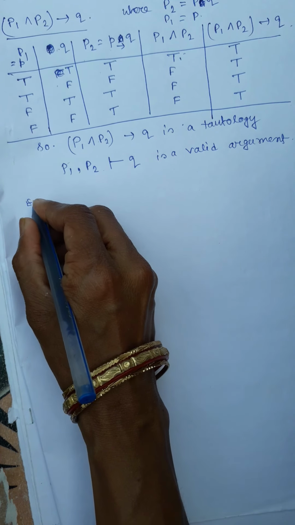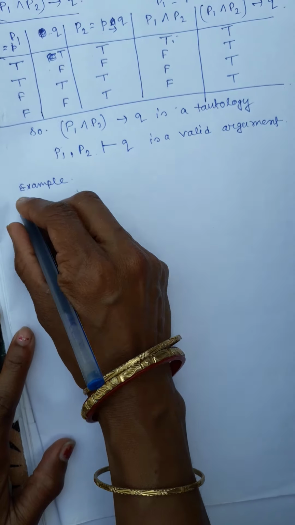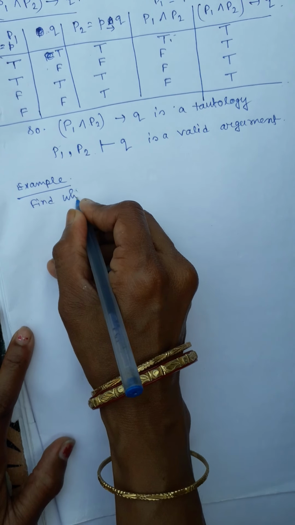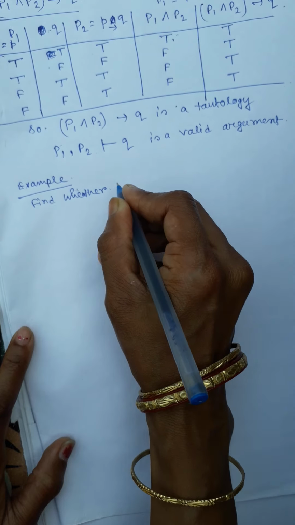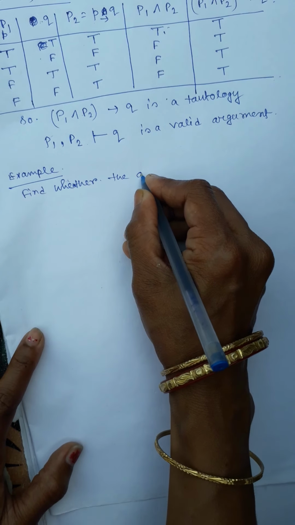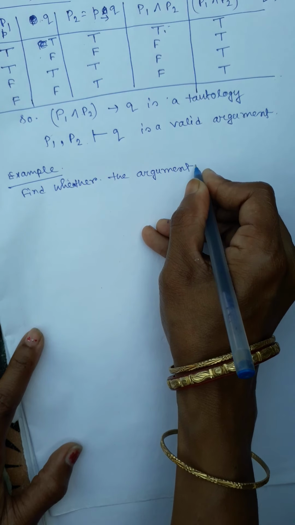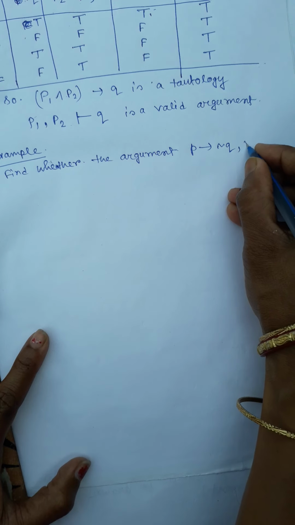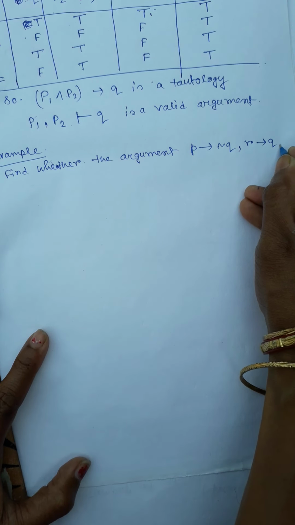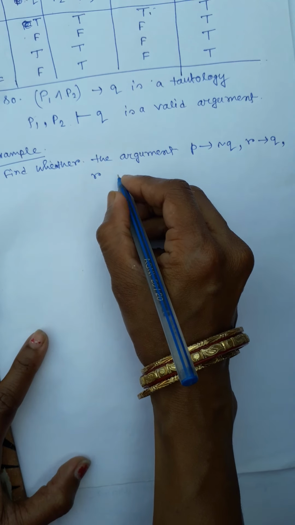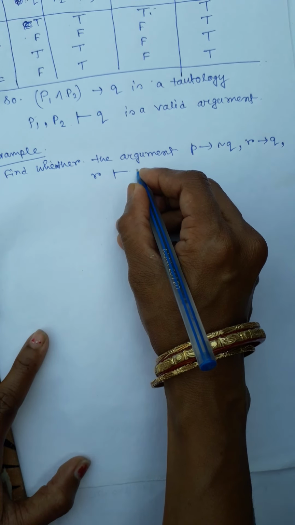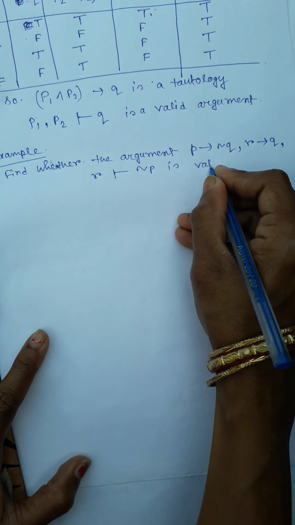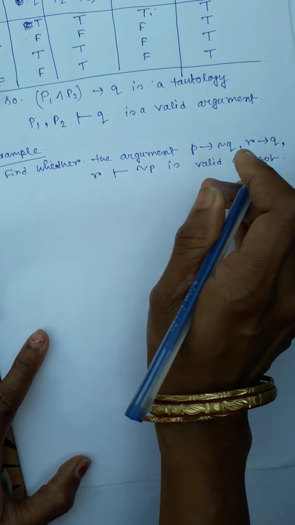Okay, another example. Find whether the argument P tends to negation of Q, R tends to Q, R, negation of P is valid or not.